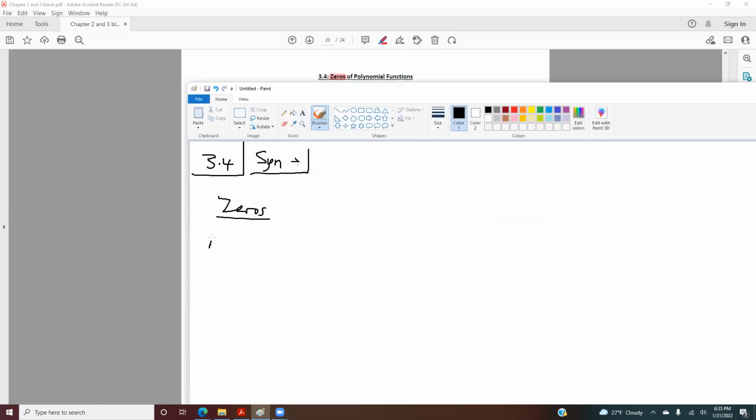One question is to list all the possible rational zeros. Don't just see the word zeros and think, oh, that's it. They also have the word find rational zeros, so make sure you know the difference between listing and finding.